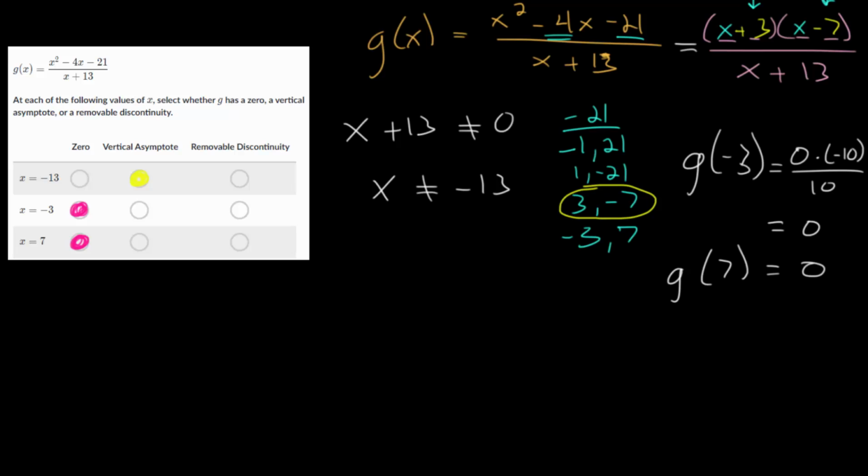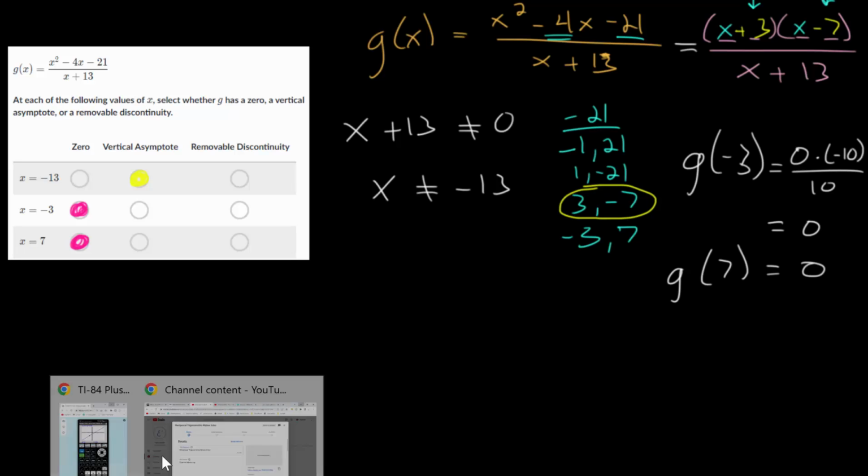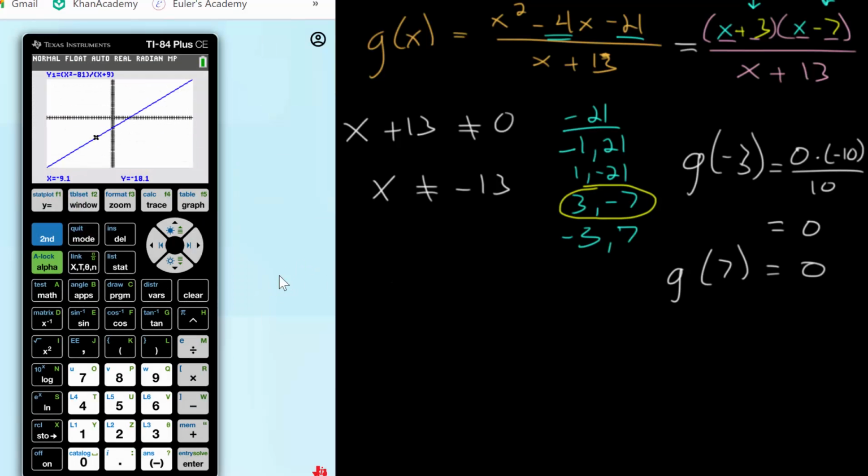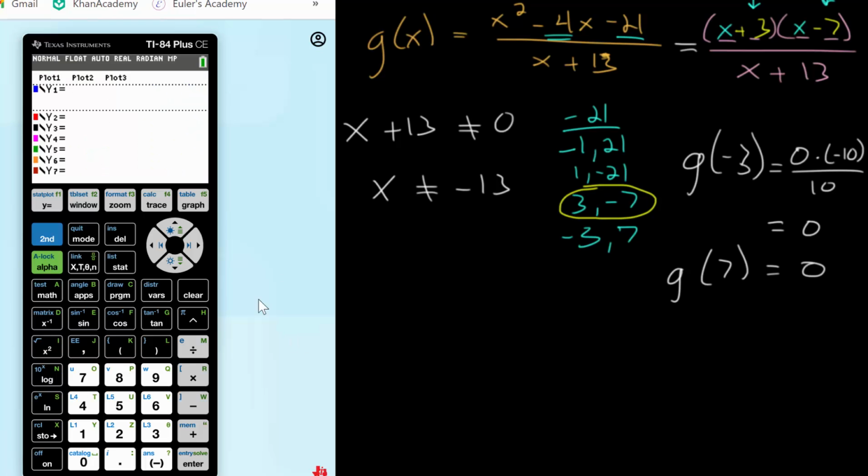And just to get more practice, let's put this into our graphing calculator and verify that all of this is correct. So we'll go to y equals, we'll put in our original function. Let's do x, and actually we need to put it in parentheses so that we have the entire numerator divided by the entire denominator.